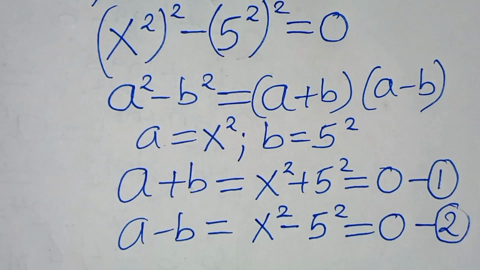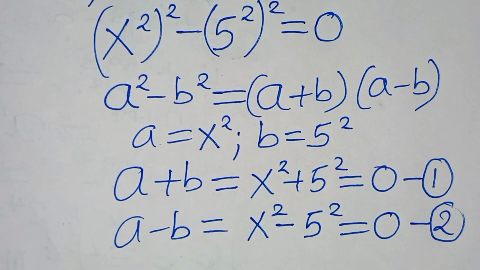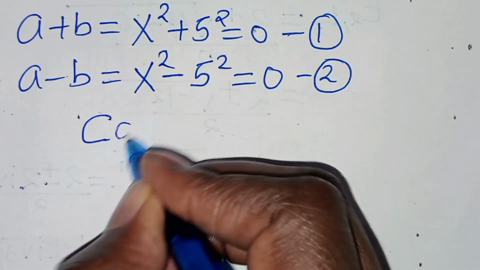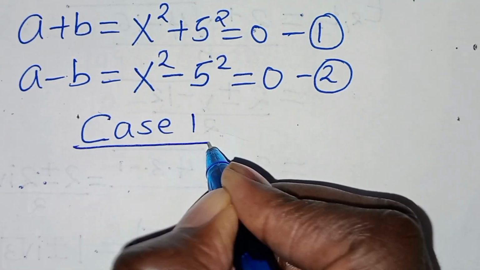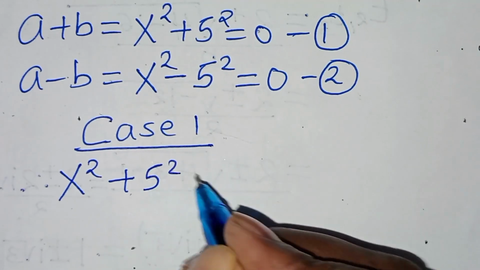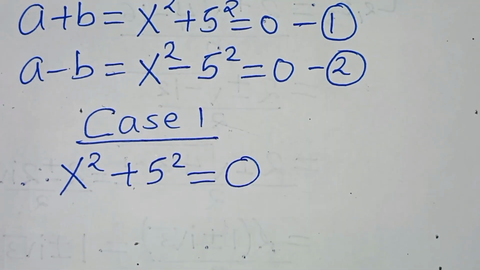So let's start to solve equation 1, which you can call case 1. Now in case 1, we have x to the power 2 plus 5 to the power 2. This is equal to 0.